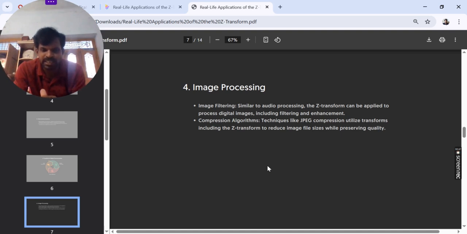JPG is a compression standard. Instead of storing the same value on multiple pixels, by reducing the pixels or the number of bits required to store a gray level value, we perform compression. Techniques like JPG compression utilize transforms, including the Z transform, to reduce image file sizes while preserving quality.